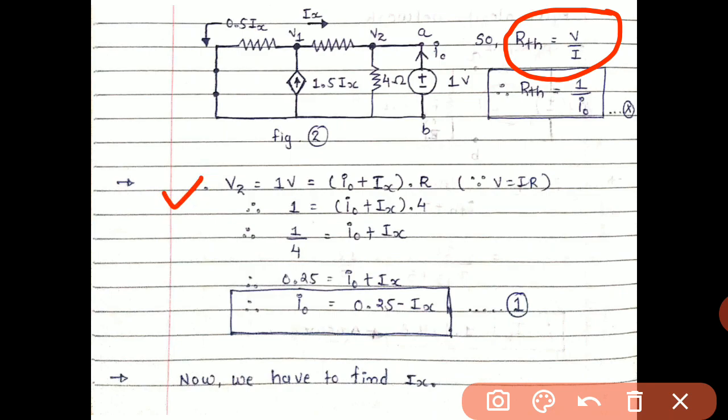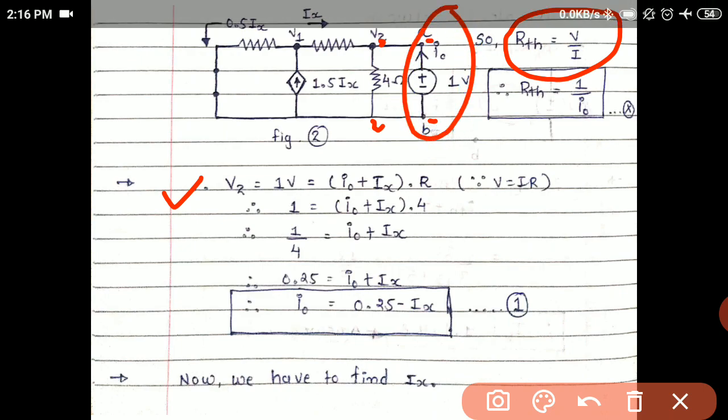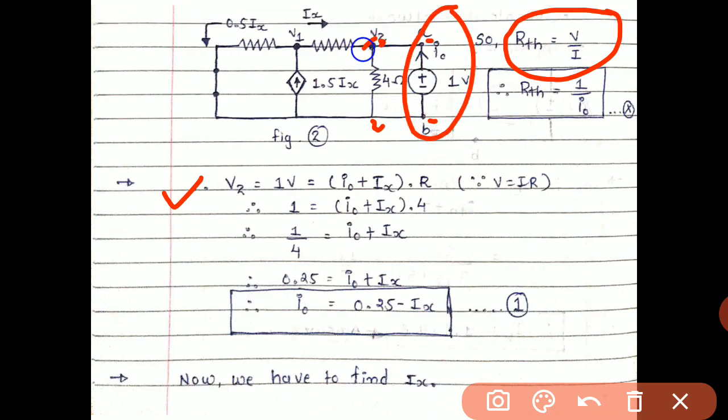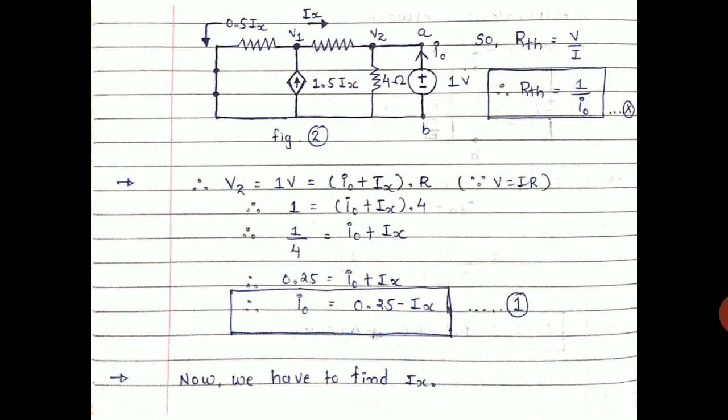Why? Because in a parallel circuit the voltage is the same. V2 to ground and A to B have the same voltage, so the voltage between A and B is the same as the voltage between V2 and ground. So we can clearly write V2 equals 1 volt.